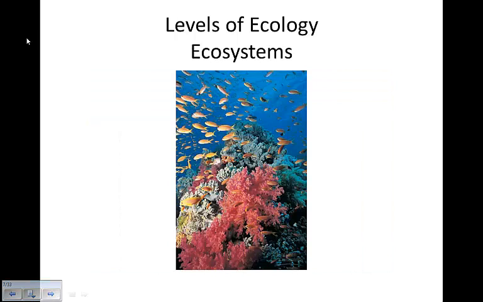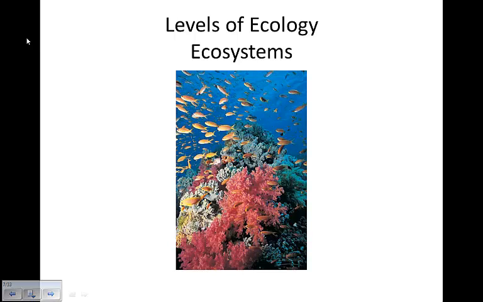All right, the next level is the ecosystem level. So we have organismal, population, community. Now we're at ecosystem, so we're getting even larger. Now we're looking at the biotic factors interacting with the abiotic factors. Here, we're going to talk about energy flow and the cycling of nutrients, where the energy flows and how the nutrients cycle, so the carbon cycle and the oxygen cycle and all of those things.